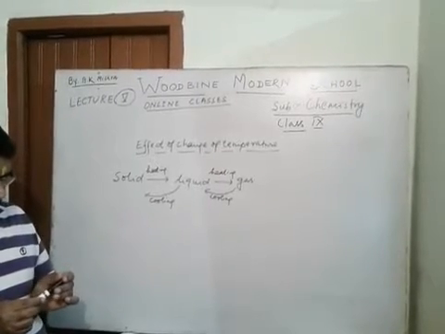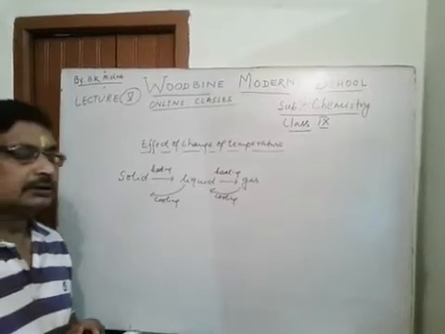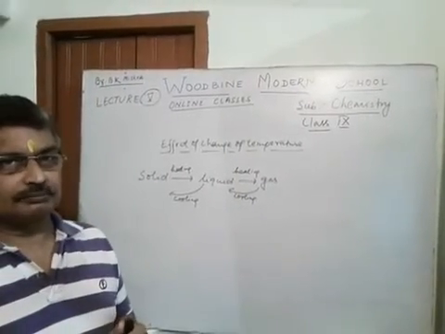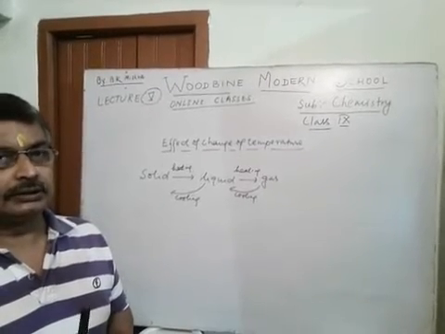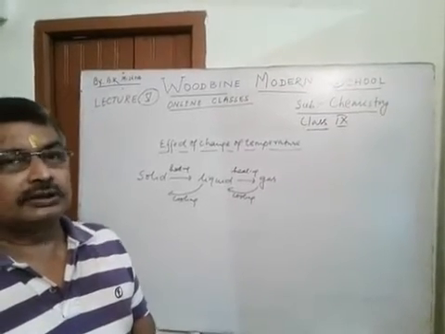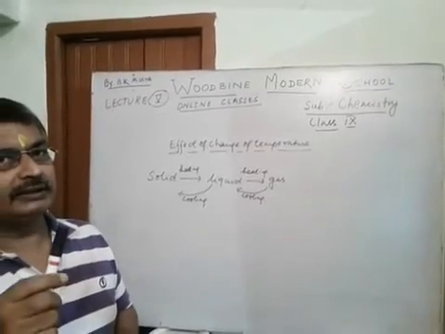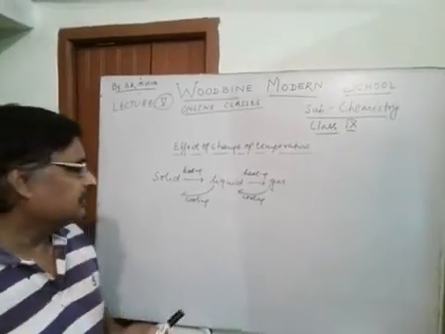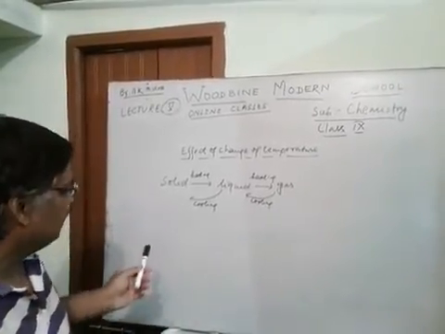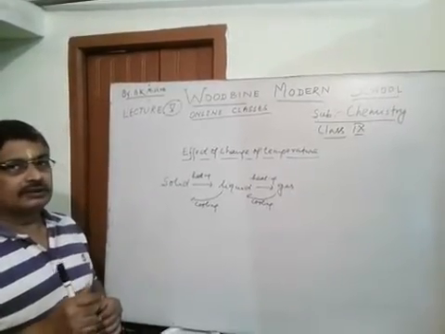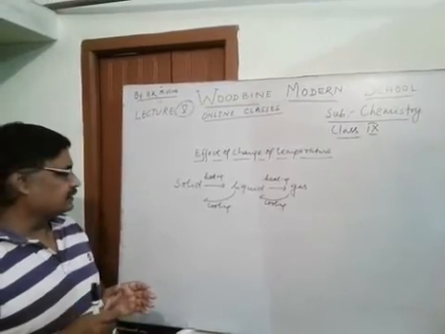Now what happens when we give heat energy to solid? The particles vibrating in the mean position start vibrating vigorously to overcome the forces of attraction between the particles by getting the kinetic energy from the heat that is supplied to it. Now, when the particles start moving vigorously, they make space and start flowing.